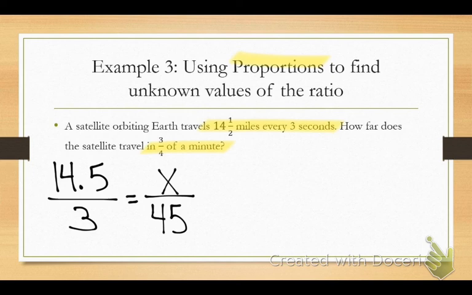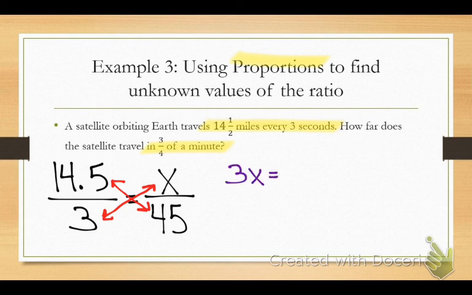So now that I have my proportion set up, stay with me, we're almost done. I'm going to use a method called cross products. It's a very simple method. Cross products say that I multiply the terms diagonal from each other and I form an equation. What's 3 times x? 3x.